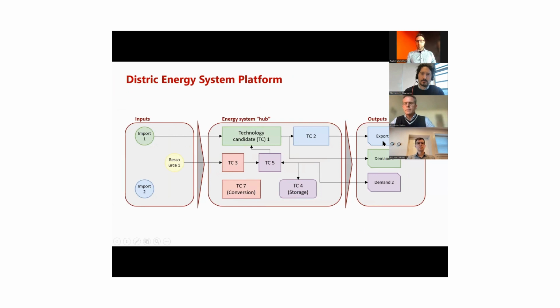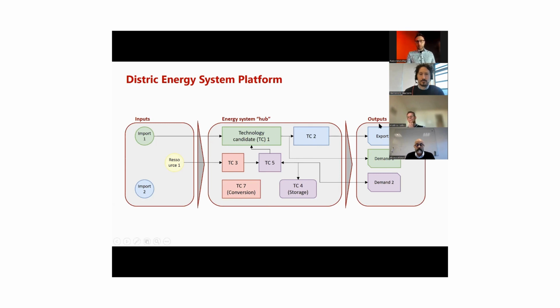Okay, what is the energy hub approach? Here we see a representation of an energy hub. Classically, on the left-hand side we have the inputs. These can be imports, cross-border imports, for example gas from abroad, or the utilization of local resources such as wind, solar or geothermal energy, which we are focusing on in this project.